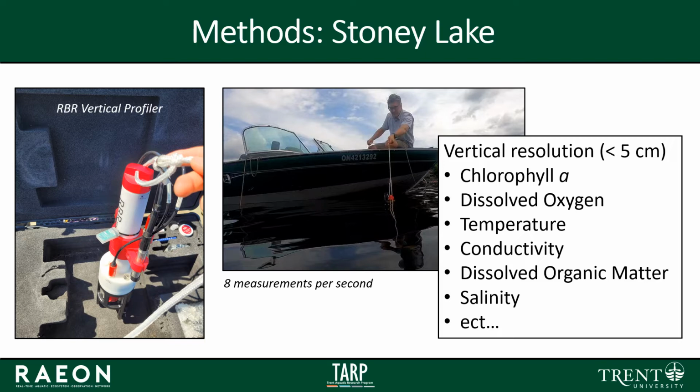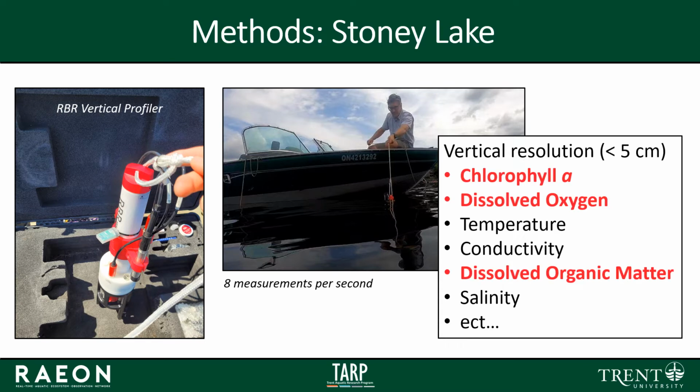A vertical profiler is a sensor-based instrument that can measure numerous limnological variables, including chlorophyll, dissolved oxygen, temperature, conductivity, and many more at a vertical resolution of less than 5 centimeters. So what this means is we have a measurement of each of these variables every 5 centimeters as you go from the surface of the lake all the way to the bottom of the lake.